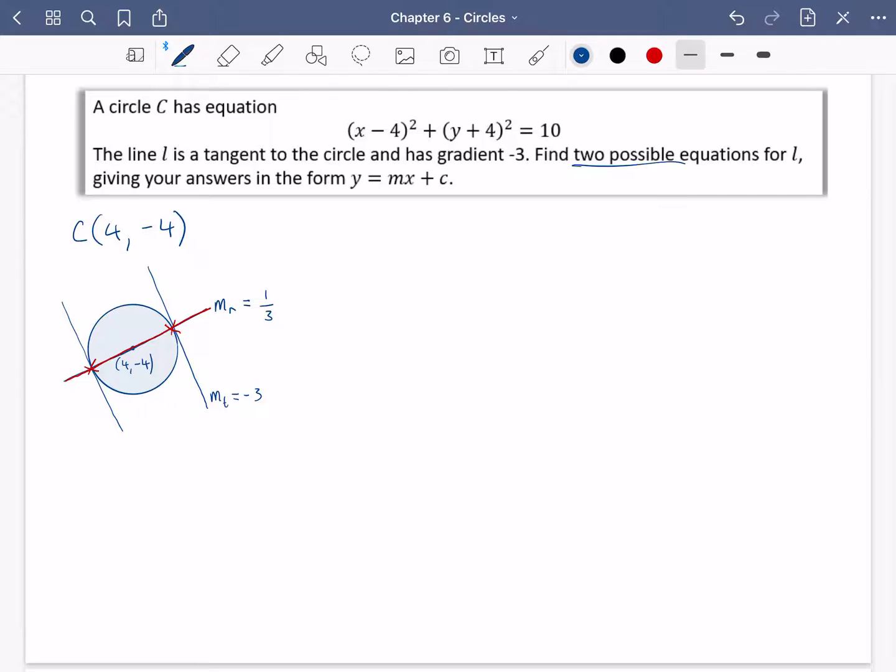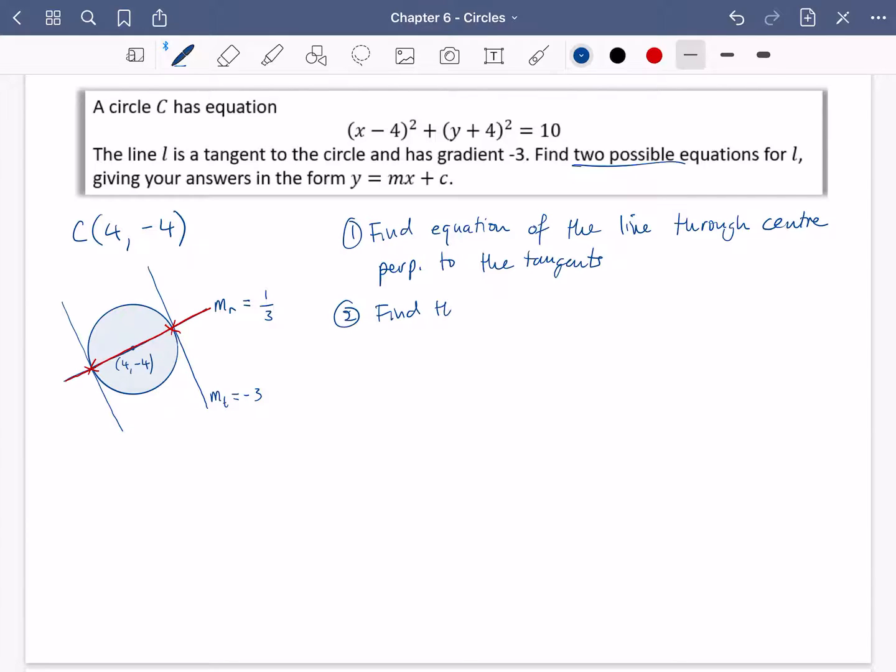So the strategy for this question, number one, is to find the equation of the line through the center, which is perpendicular to the tangents. Then what we're going to do is we will find the intersection of this line with the circle.